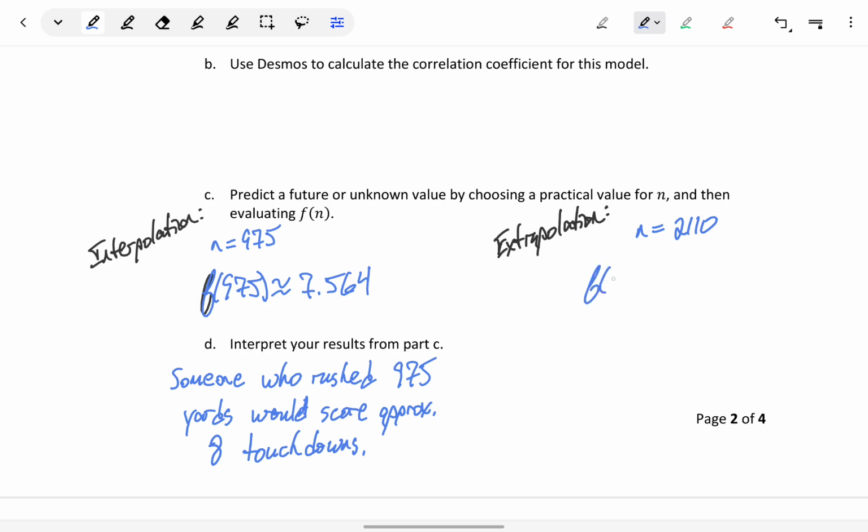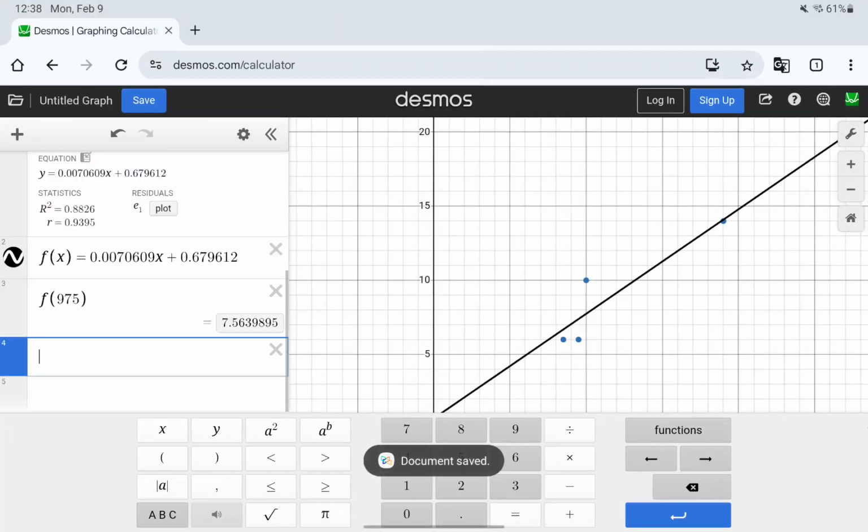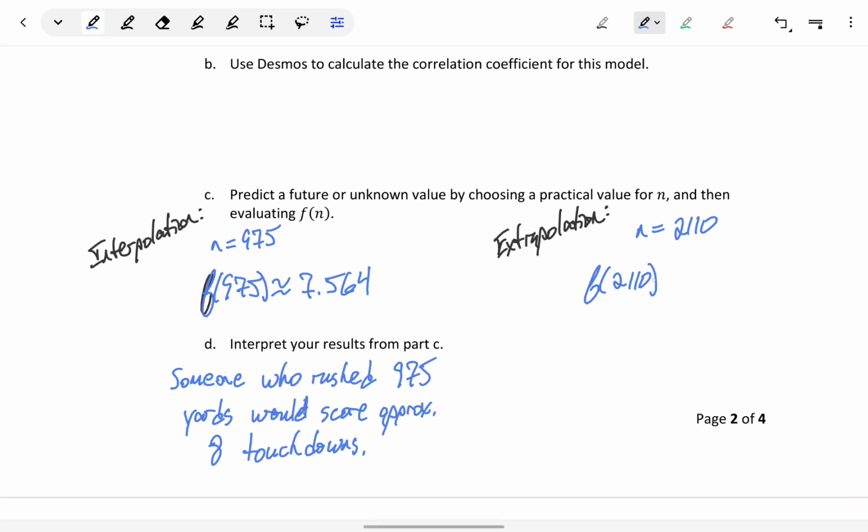We would go back to Desmos and evaluate f of 2,110. And we would get about 15.58. So we could even round that to a whole number. So about 16.